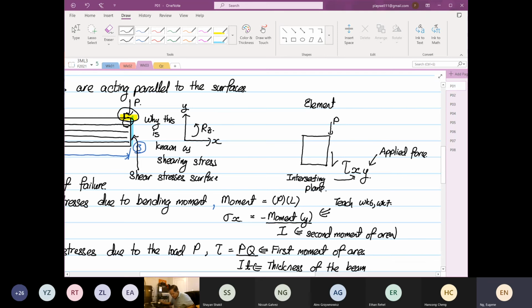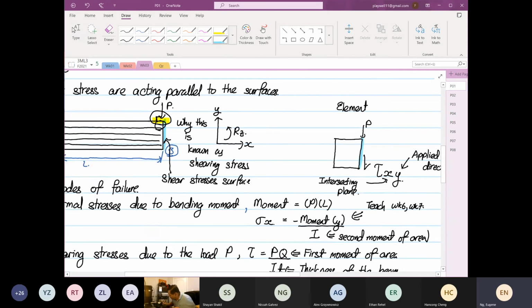Now, this over here, the shear XY represents the blue surface over here, and the blue surface is over there also. But why? Why does it have anything to do with the yellow surface? Okay, let me elaborate why the yellow surface is important.